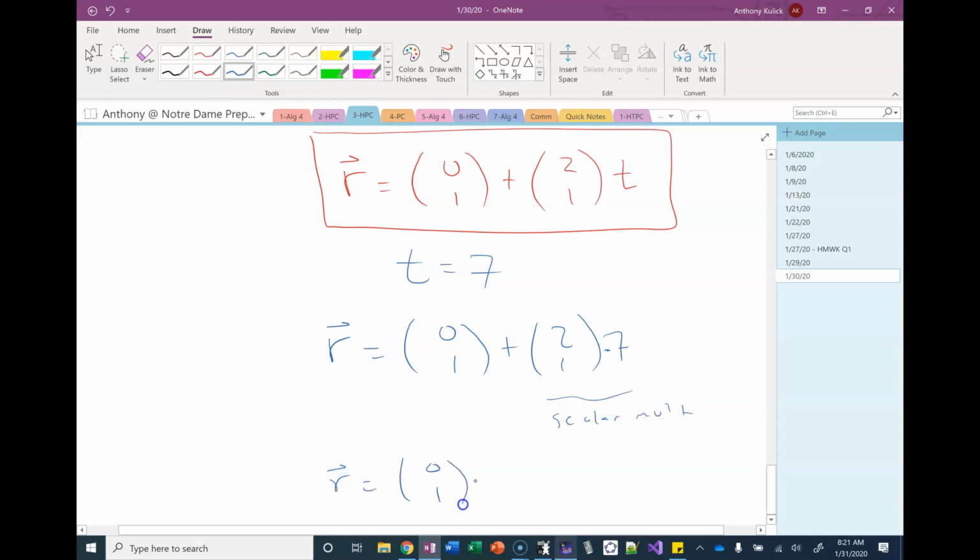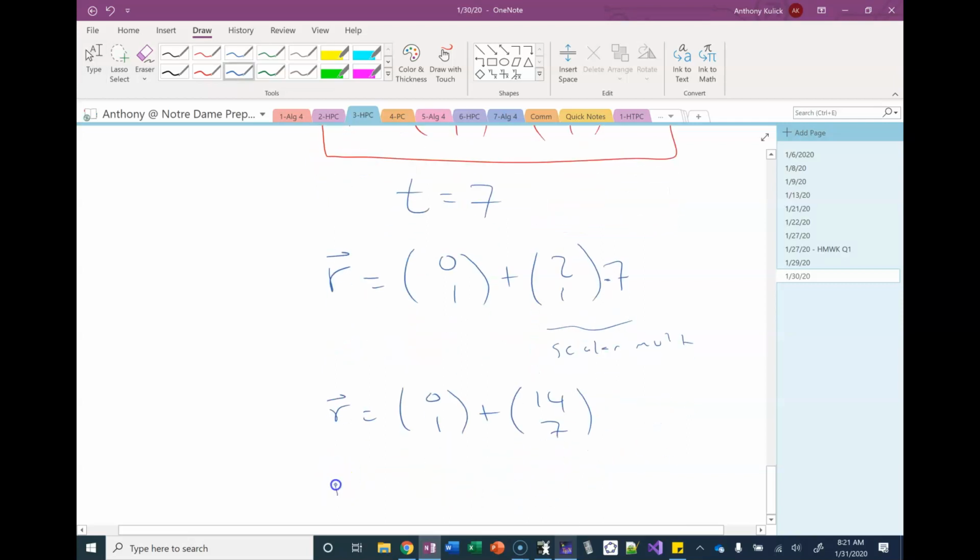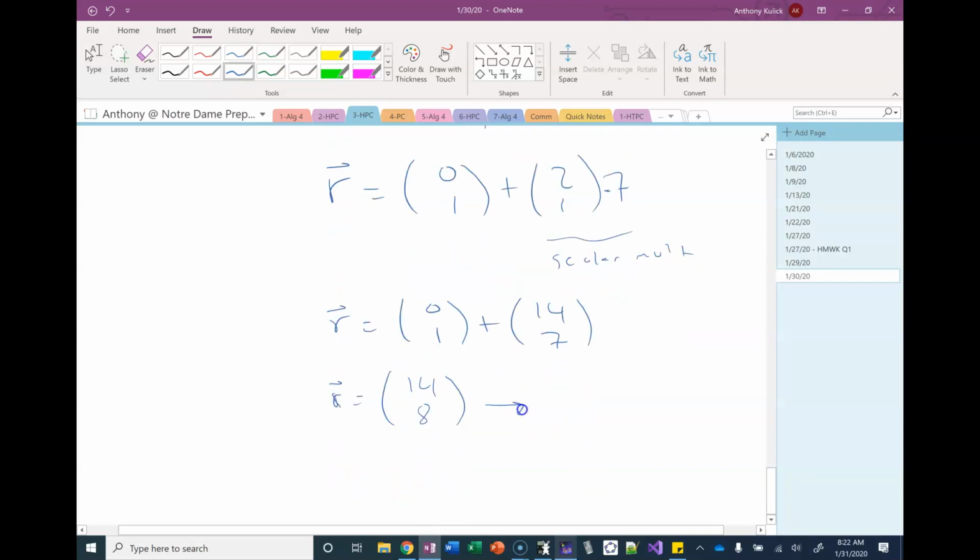Good. The 7 is going to get multiplied to both components. And then when I add these two vectors, how do I add two vectors? We add the x's and add the y's. So this tells me then 14, 8 is a point on the line. Is everybody okay with that?